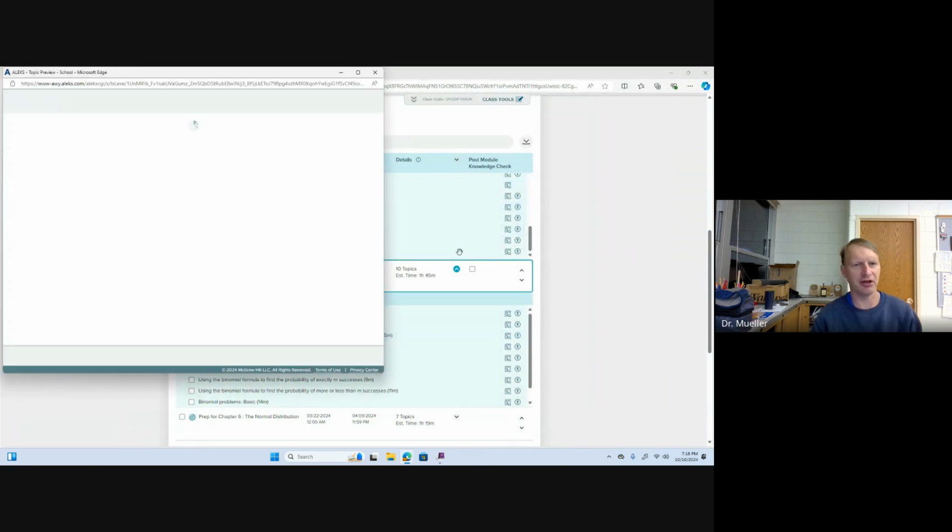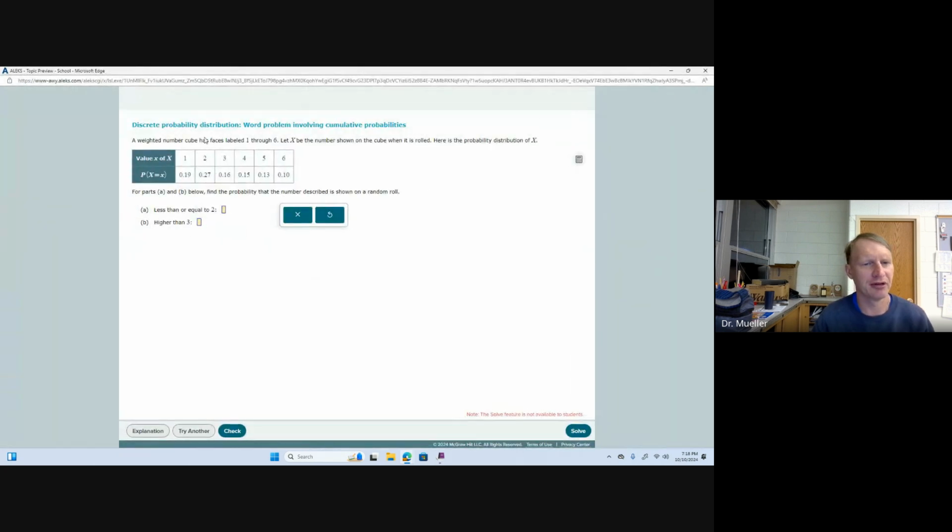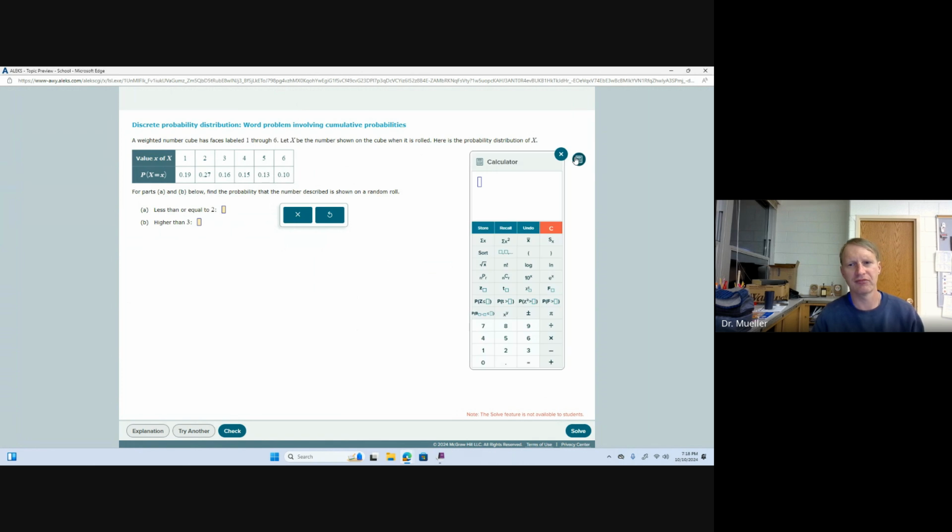All right, and then we'll take a look at cumulative probabilities here. So here we have a value of X, and we have each probability. So less than or equal to 2 would be this one. We need to calculate the probability. So we do 0.27 plus 0.19, which is 0.46.